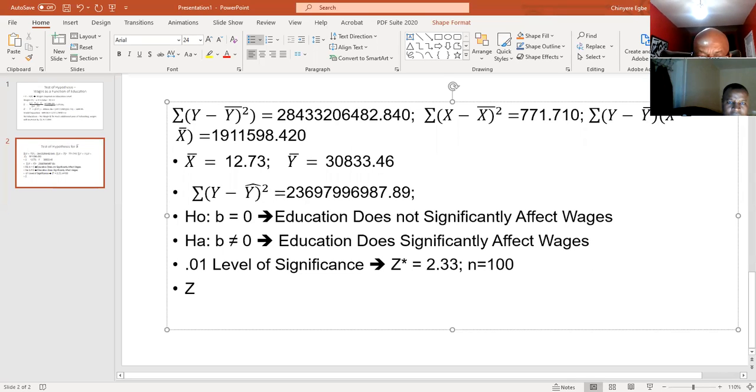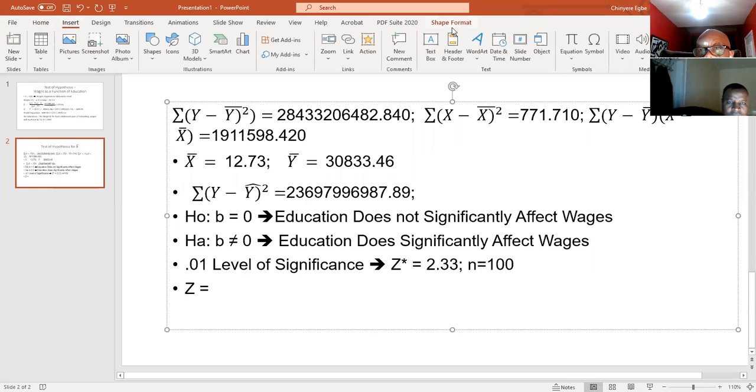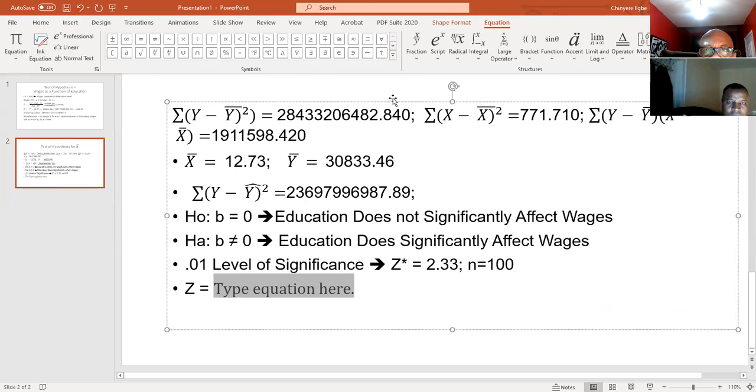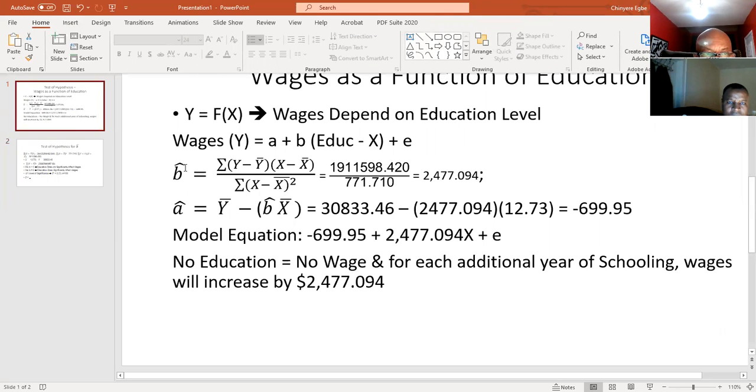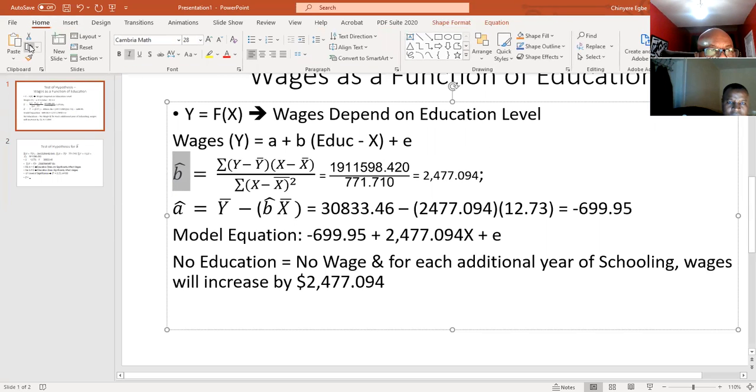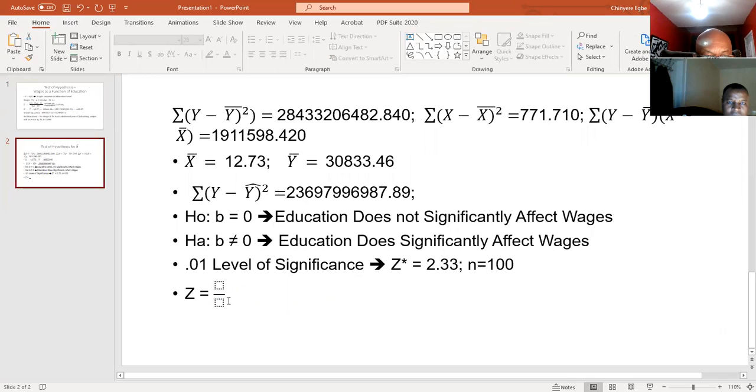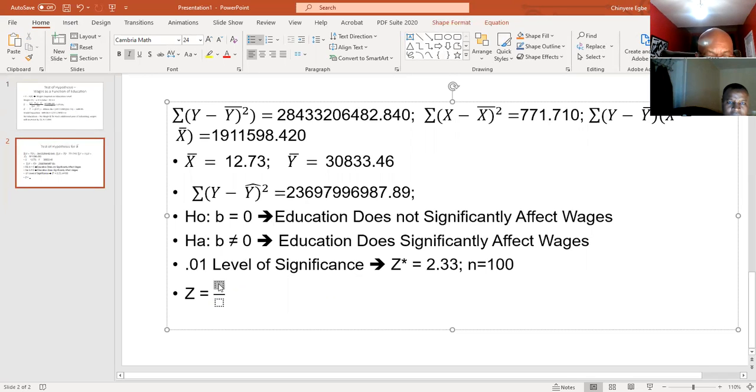So for the test of hypothesis for the slope, you calculate z is equal to b hat minus b, and we know that b is 0, divided by the standard error of b hat.